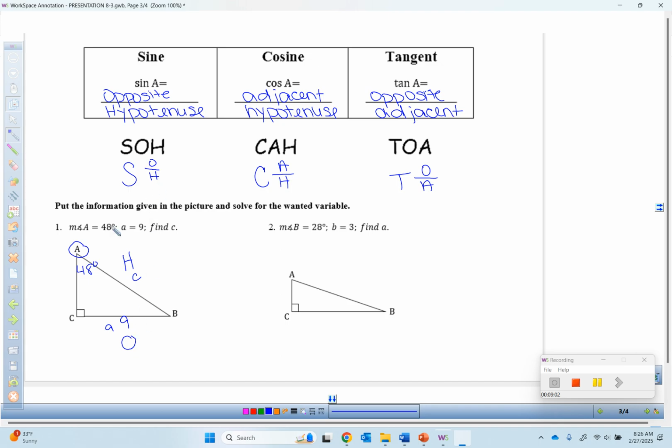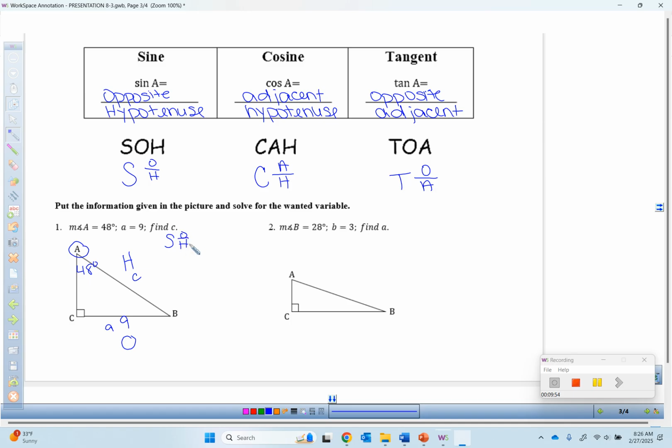So just so you know, if there's ever nothing about a hypotenuse, it'll be tangent. The only two that have hypotenuse in them are sine and cosine. So if we're ever dealing with a problem and nothing is said about a hypotenuse, it's going to be tangent. Okay? So we have an opposite and a hypotenuse, and this is telling you opposite over hypotenuse. Sine is opposite over hypotenuse.